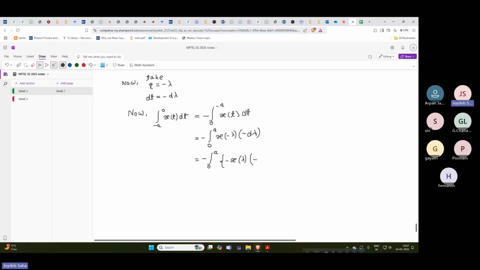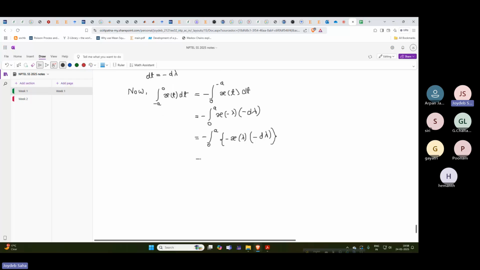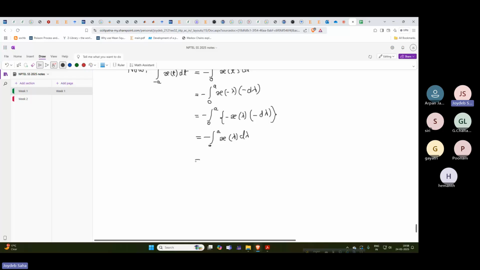Into minus d lambda. This is nothing but minus the integral from 0 to a of x of lambda d lambda. This is minus the integral from 0 to a of x of t dt.